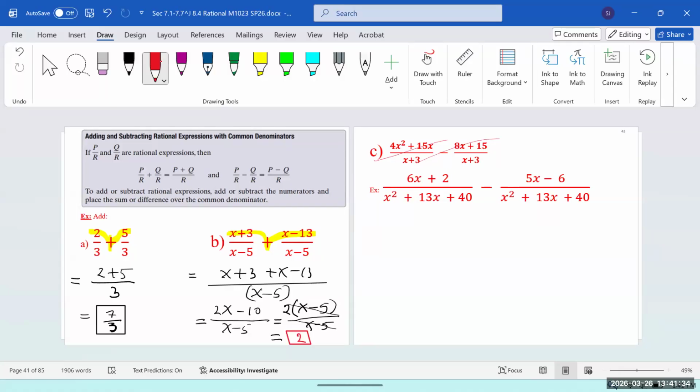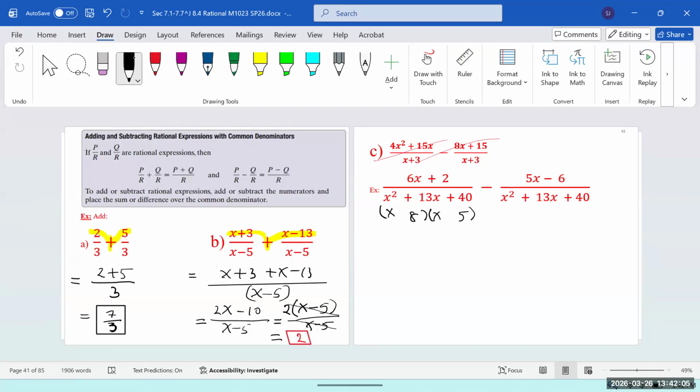Do we have the same denominator? Anytime you see a polynomial, it's better to factor. Can you factor this polynomial? Multiply to 40. 10 and 40, if you add, you don't get 13. 5 and 8. 8 times 5 is 40.